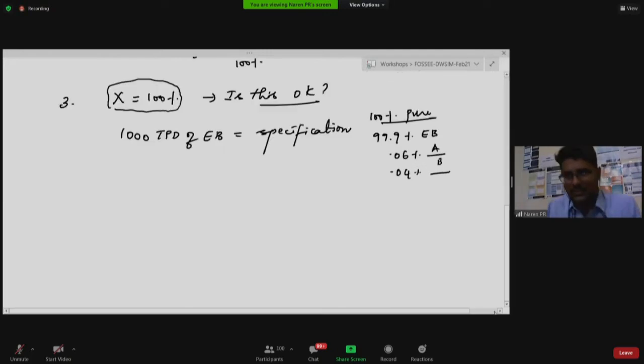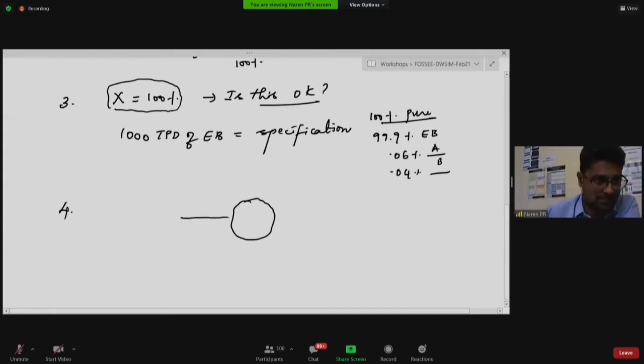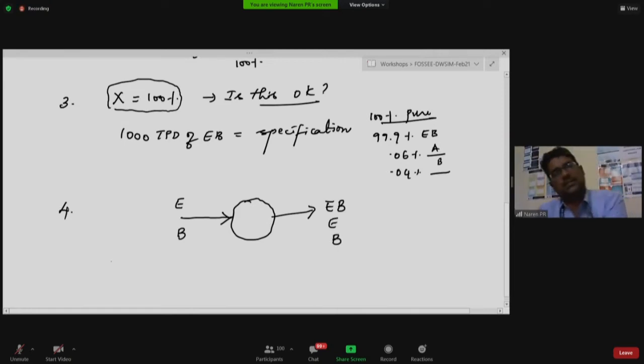So to all the participants, especially the second and third years, my reactor, which I draw now in DWSIM, I cannot think of only as ethyl benzene. I may have only ethylene and benzene going in, but I do expect that there will be some ethylene and some benzene in the outlet as well.